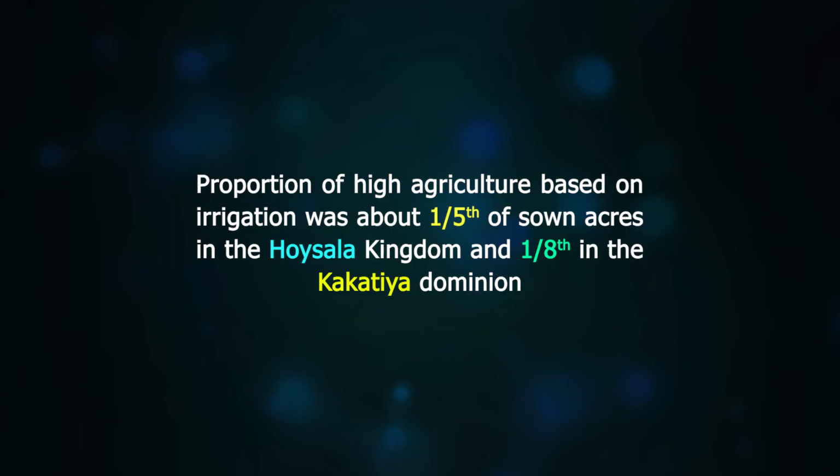The proportion of high agricultural yield based on irrigation was about 1/5 of sown acres in the Hoysala kingdom and 1/8 in the Kakatiya dominion. The ratio of cultivated to non-cultivated land was less than half in both these regions.